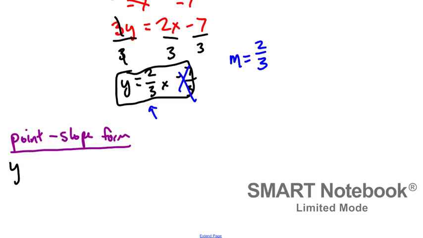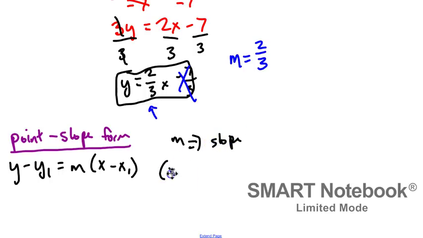It's not y equals. It's y minus y1 is equal to m times x minus x1, where m, as always, is your slope, and this x1, y1 is any point that you want this line to pass through.